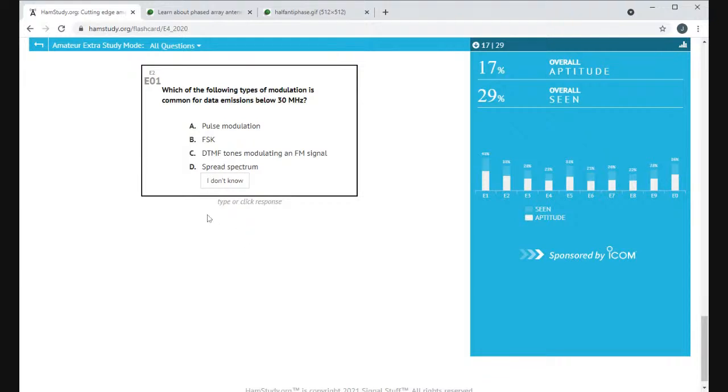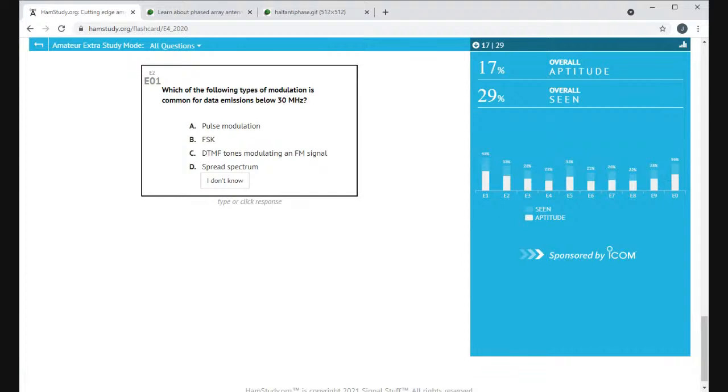Which of the following types of modulation is common for digital emissions below 30 megahertz? A. Pulse modulation, B. FSK, C. DTMF tone modulation on an FM signal, D. Spread spectrum.